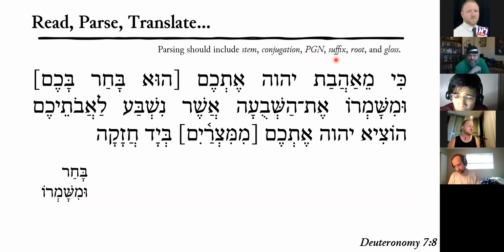Yes, it has a suffix, and the mem prefix too, right? Or is that part of it? We're going to act like they're not there for purposes of conjugation. We're going to ignore prefixes that don't have to do with the meaning of the verb. And then the third masculine singular suffix.